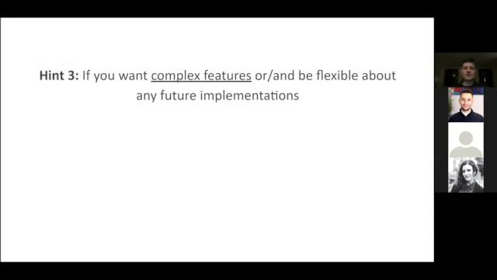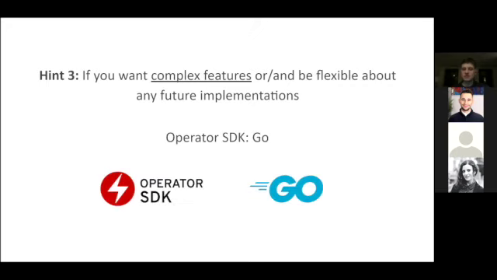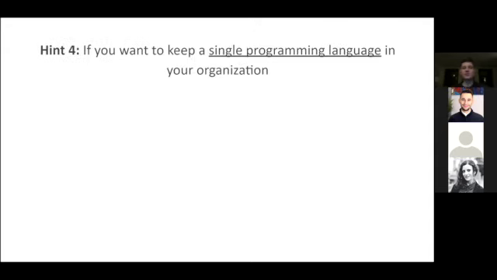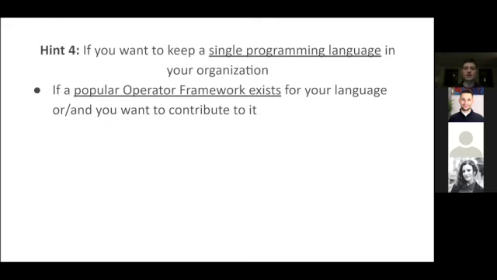Hint number 3: if you want complex features or to be flexible for any future implementations, then do what others do, use Go, because it does not limit you in any situation. Hint number 4: if you would like to keep a single programming language in your organization, then if there's a popular operator framework, you can contribute to it and just use it.